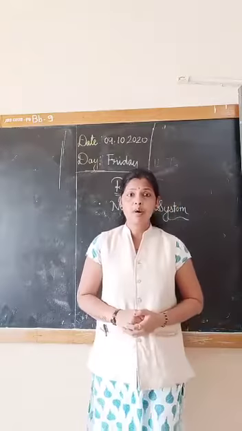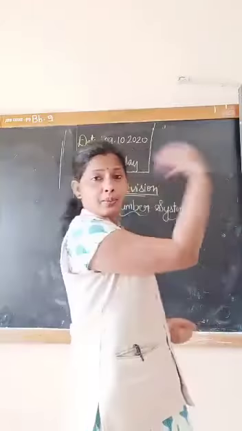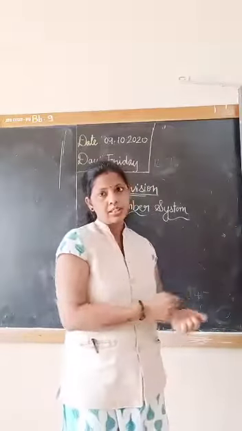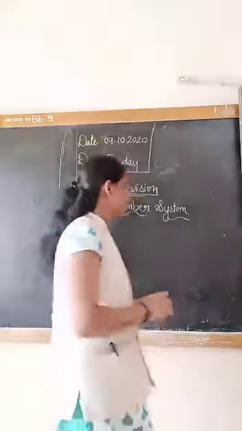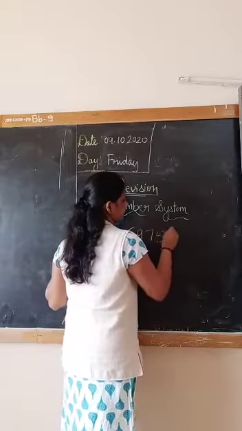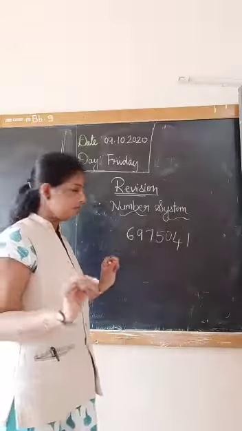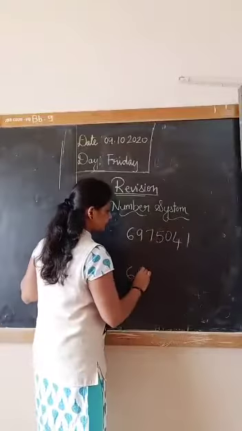And regarding the comma also. In the Indian system we insert the comma from the left side, first after 3 numbers, then after every 2 numbers. If this is a 7-digit number in the Indian system, I'll write the same number here.